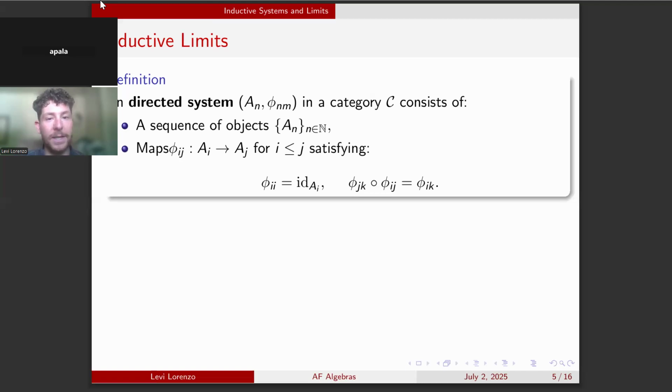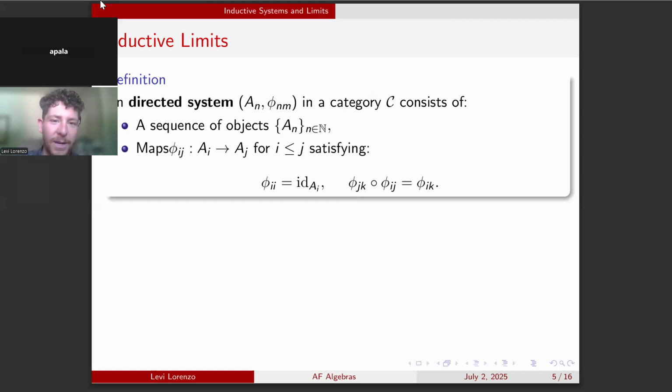The second is saying that these maps compose. There's a map from any object to any object further down the line, and the idea is, if you go halfway and then from the halfway point to the end point, it needs to be the same as going directly from the starting point to the end point. So these maps have to be compatible in that way.